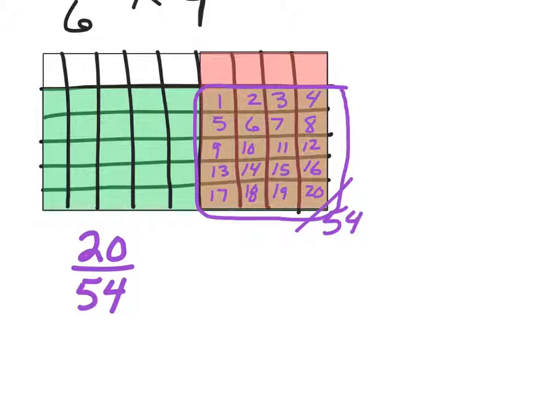However, I must say, this can be reduced or simplified, and you know that because these are both even. 20 is an even number, and so is 54. So you know you can divide this by 2. So the giant one of 2 over 2, because both 20 and 54 can be divided by 2, right?